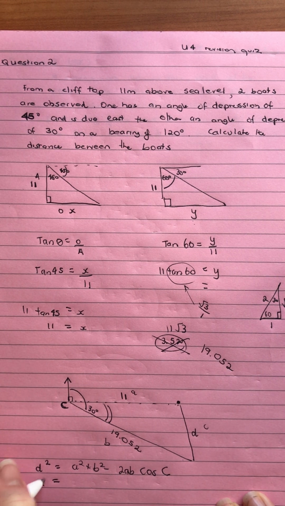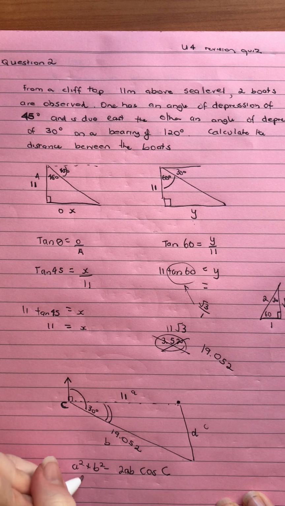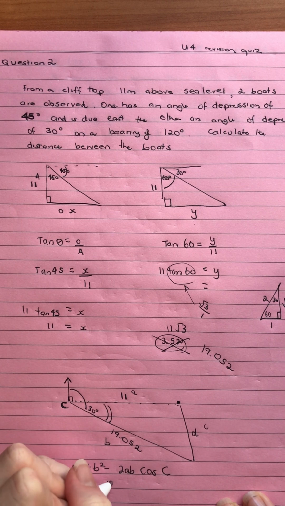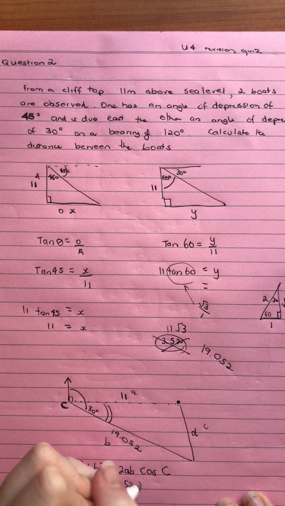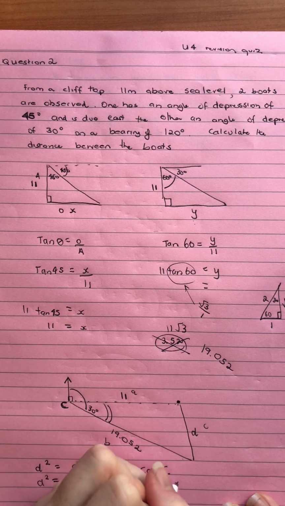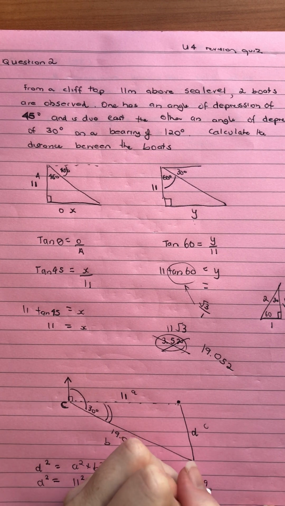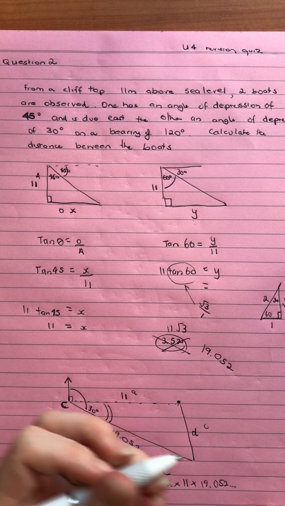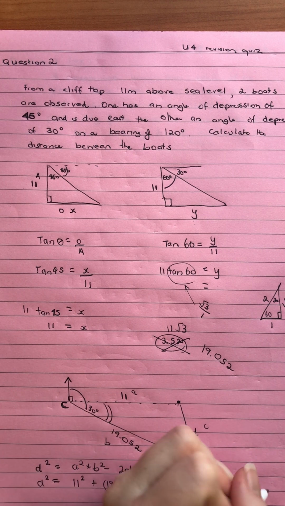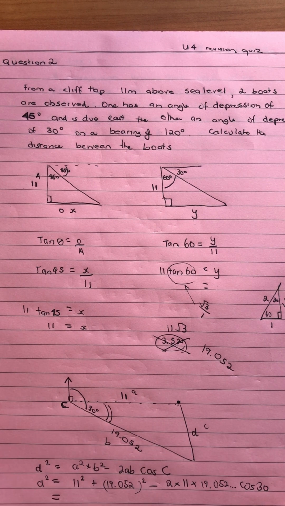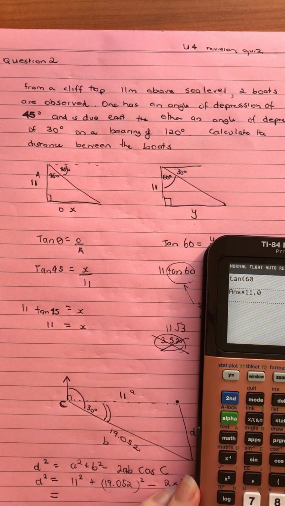So D squared that we're calculating is going to be 11 squared plus, and remembering to keep all those decimals in the calculator, 19.052 squared minus 2 times 11 times 19.052 cos of 30.